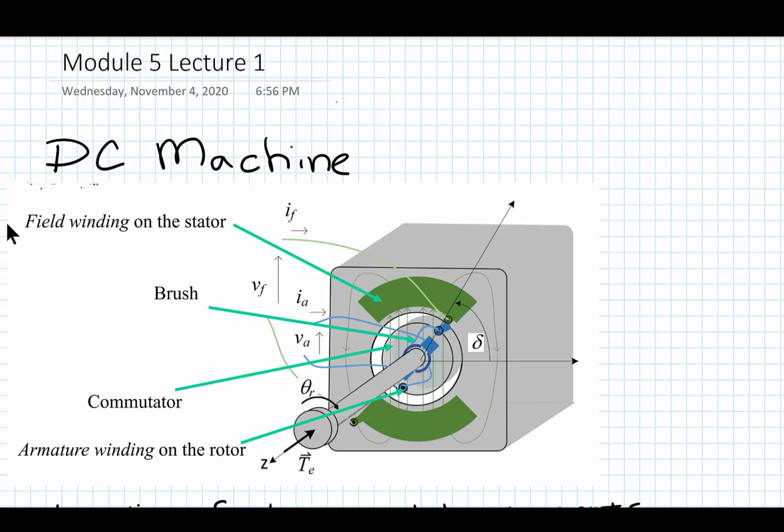we needed two things. We needed to have a magnetic field, and the magnetic field is represented by these green lines here.